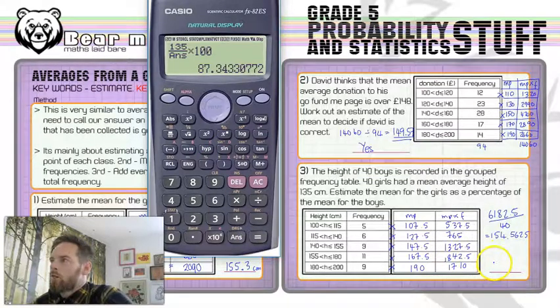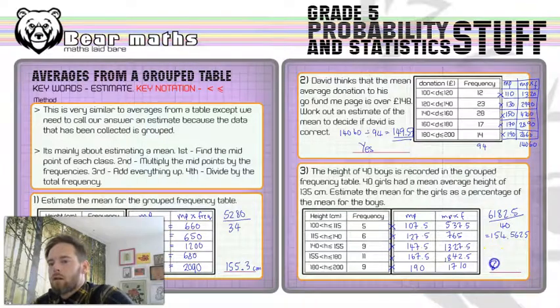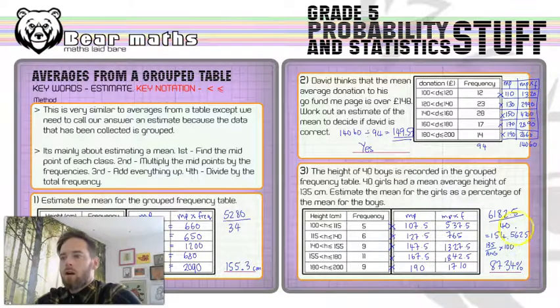Let's just round to 2 decimal places, so 87.34%. And the calculation I did there was 135 out of the answer that we got for the boys and multiplied by 100 because we wanted it as a percentage for the mean for the girls as a percentage of the mean for the boys.